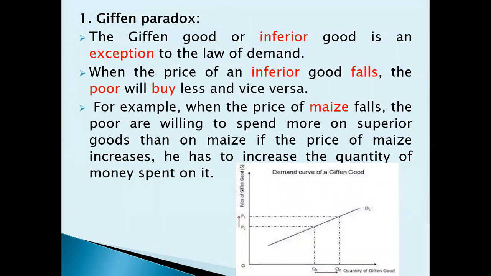One we studied is the Giffen paradox, in which Giffen compared superior goods and inferior goods. If the price of inferior goods decreases, then the consumer can shift towards the superior goods. We will see the graph like this of certain goods.